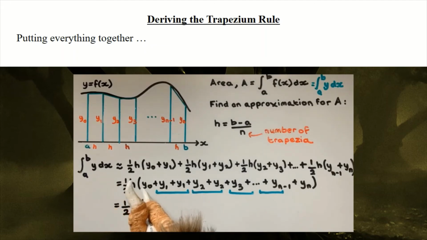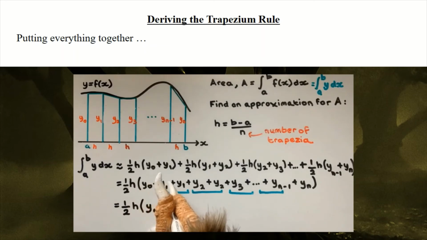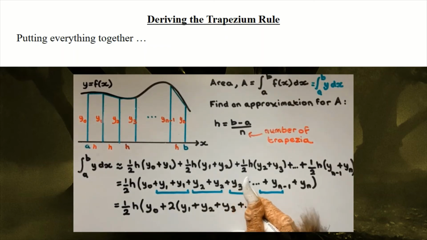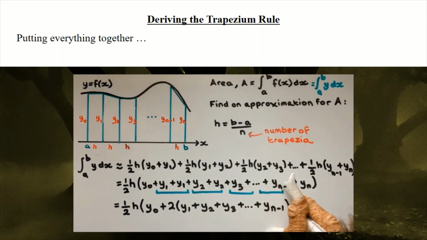Then we're going to have y0 on its own plus 2 lots of y1 plus y2 plus y3, and the trend will continue all the way up to y of n minus 1, but then the trend stops and we have only one of the final side, the final y value. Okay, and there we have our trapezium rule.